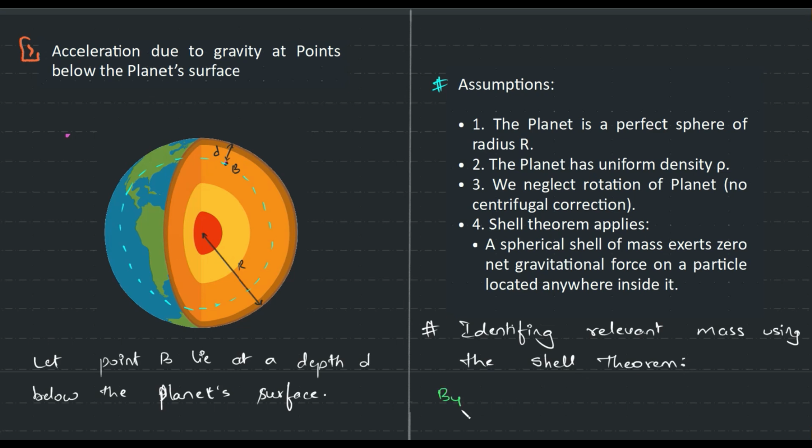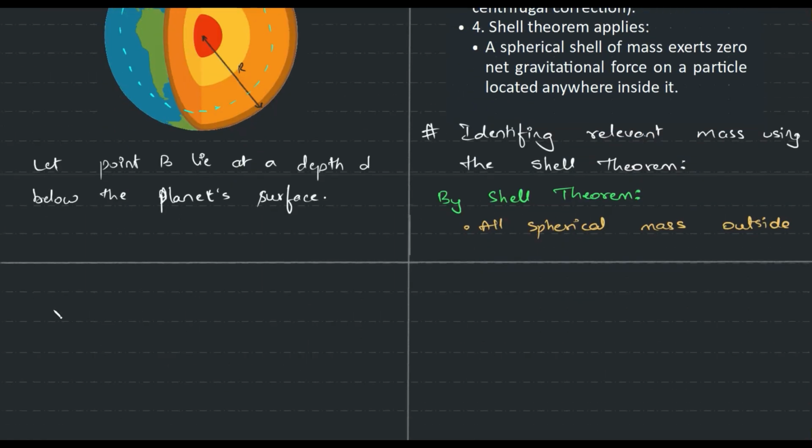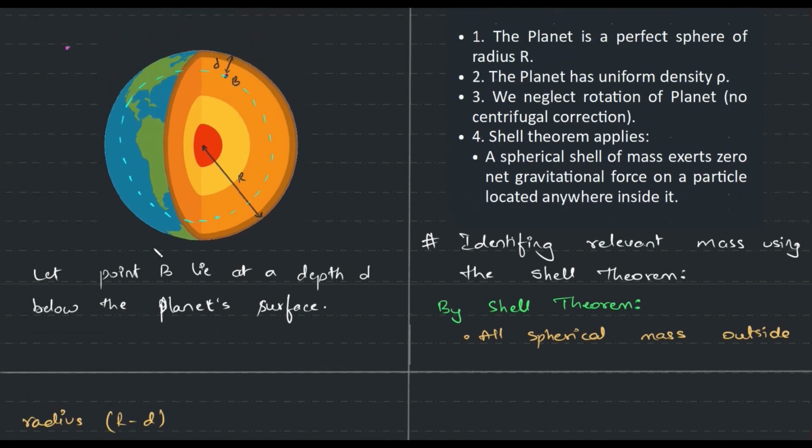By shell theorem, what we have is all spherical mass outside radius R minus D. So basically this will be R minus D from here to here.